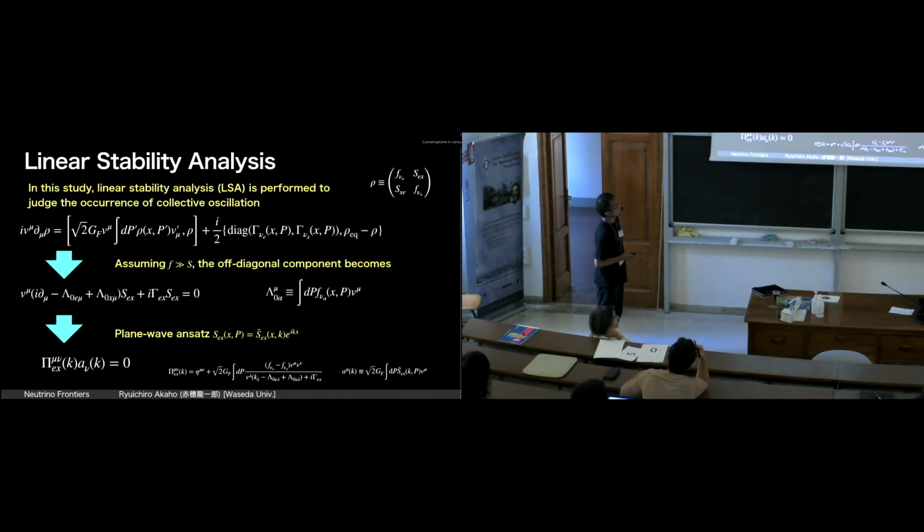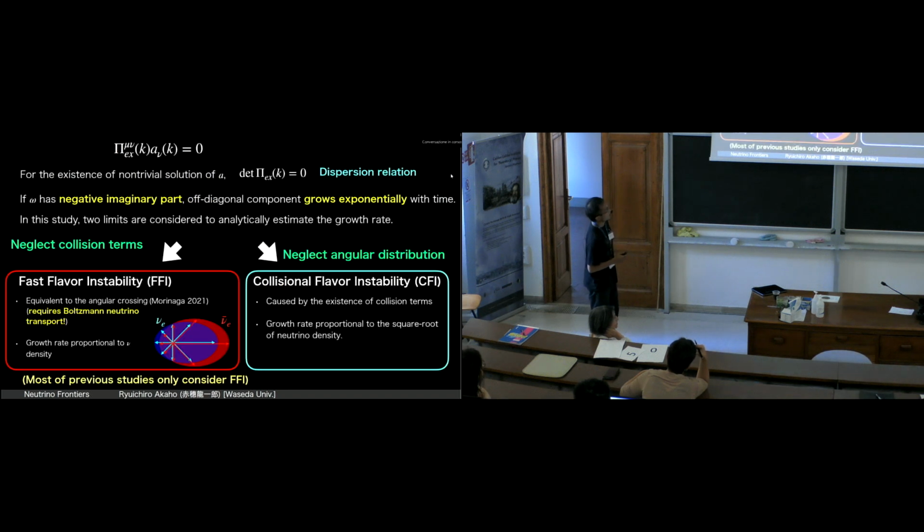So maybe that derivation is not so important, but you have the QKE, including the self-interaction term and the collision terms. And I will derive the dispersion relation and judge whether there is a growth rate, whether there is a mode where the off-diagonal component grows exponentially.